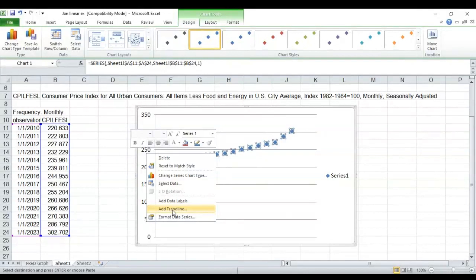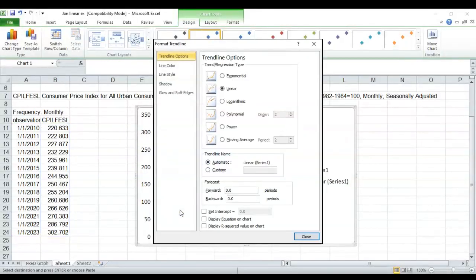And of course, you see it's curved, but we're going to get a line that's called the best fit line. If we were to draw a line, not all points are going to be on it, but it's the minimum error that would occur if we try to get all these points to line up on that line. So we're going to add trend line.